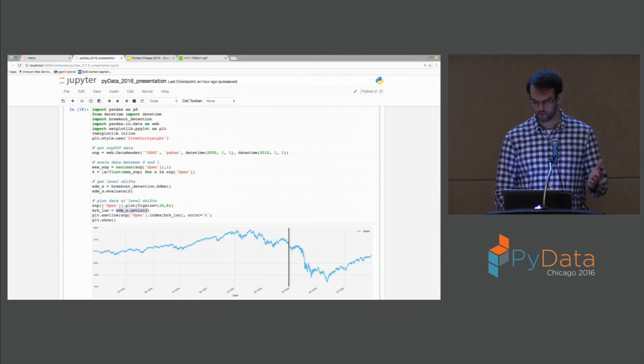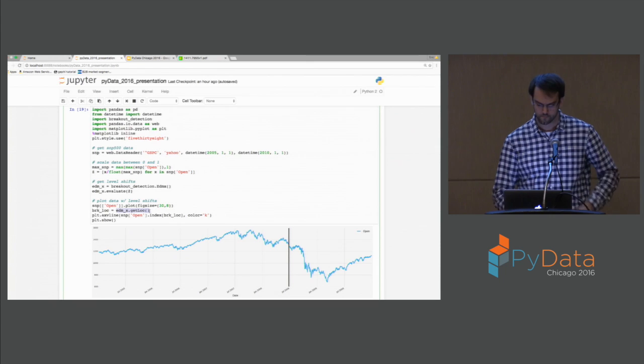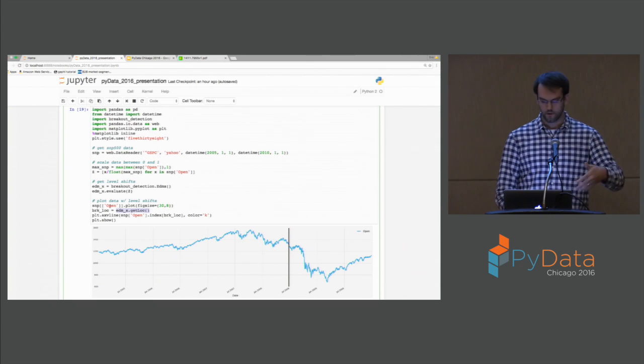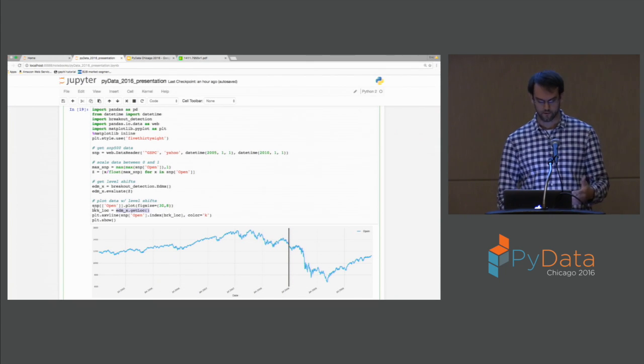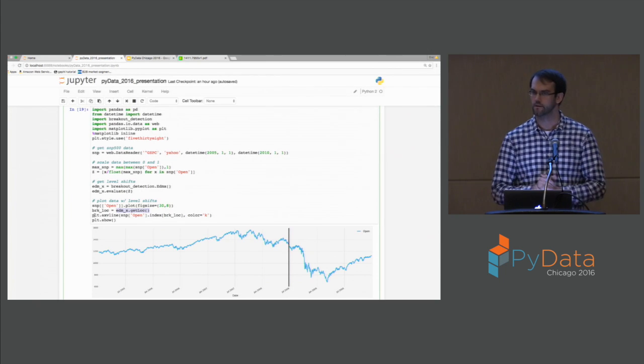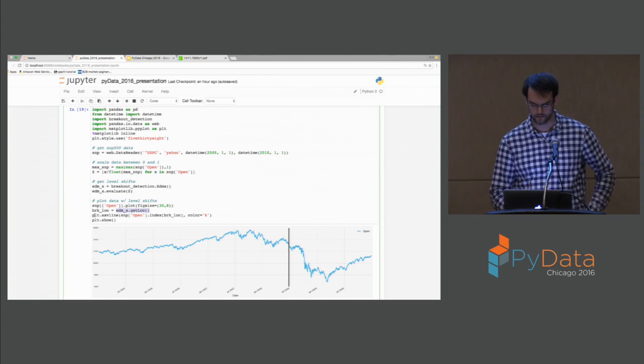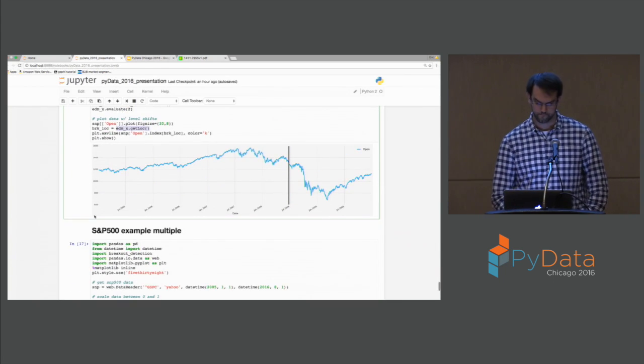They call it getLoc, for get locations of the time of the breakout. Then you plot it. I find the locations and plot a vertical line on the breakout points.